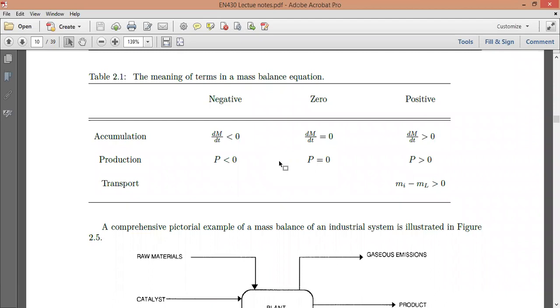So what does it mean when change in mass over change in time is less than 0? If we've understood the concept, how do we explain that?